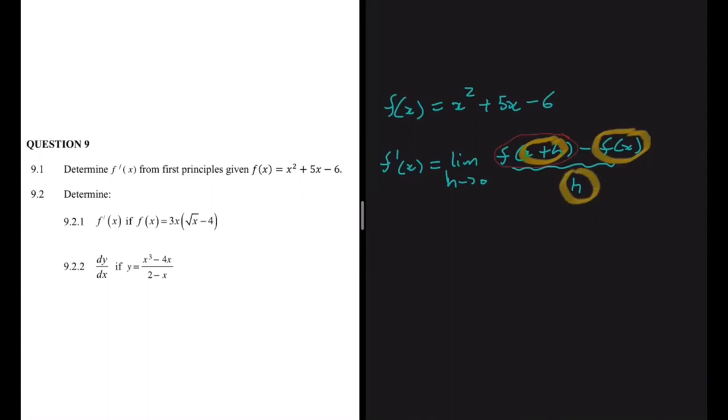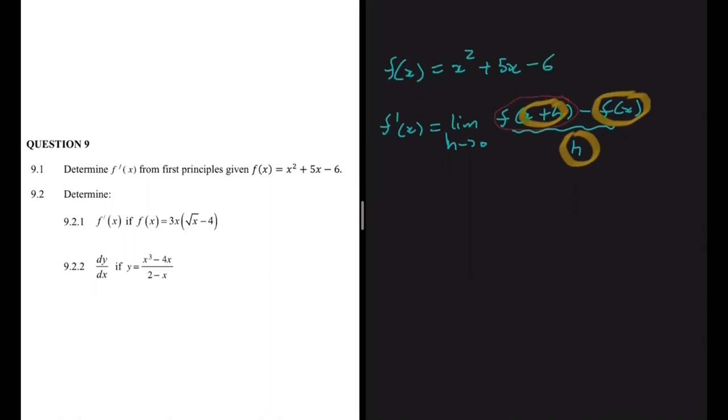At some point we're going to take h as a common factor in the numerator, and that h in the numerator will cancel out with the h in the denominator. If that doesn't happen, then we have done something wrong. So let's go ahead and see what happens. We have f prime of x equal to the limit as h tends to 0, and now let's write f of x plus h.